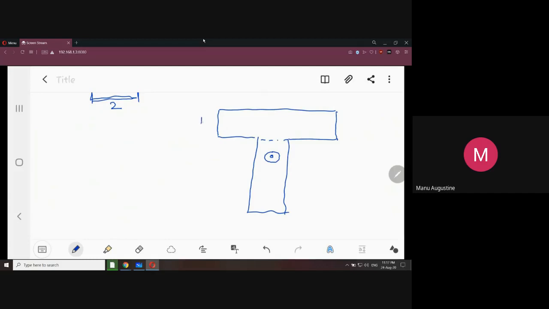For area number 1, its own centroid I am drawing as a single dot. And area number 2 also has its own centroid, which I am also drawing as a single dot. Since this figure is symmetrical, all these three centroids will lie on this vertical line.